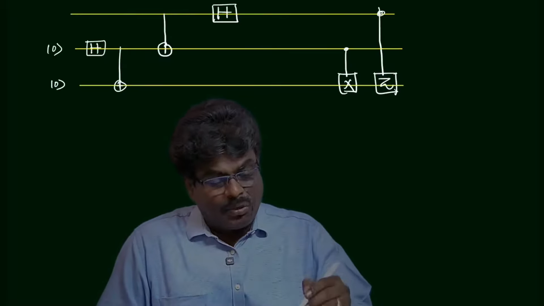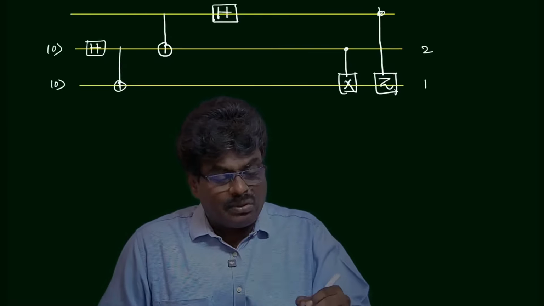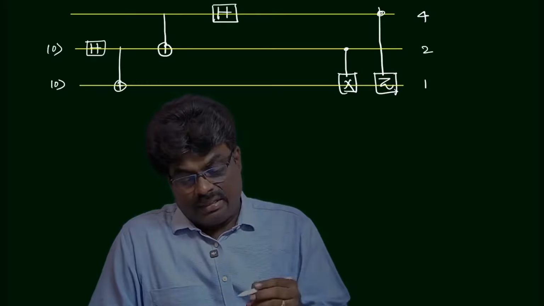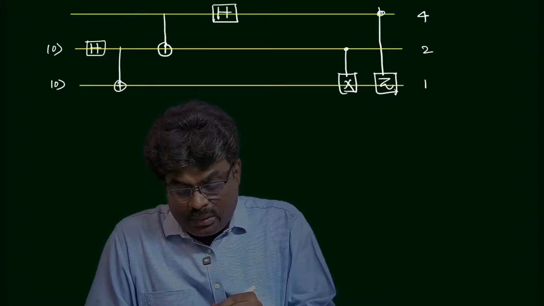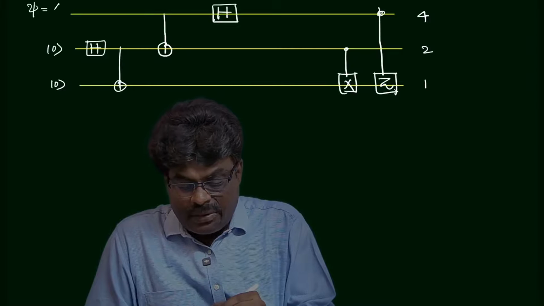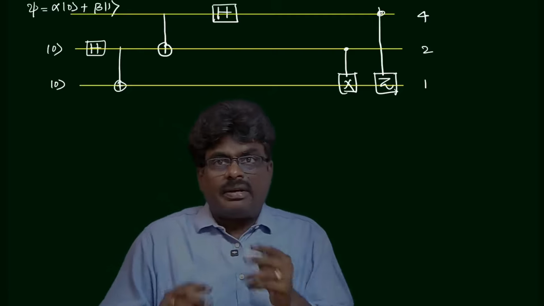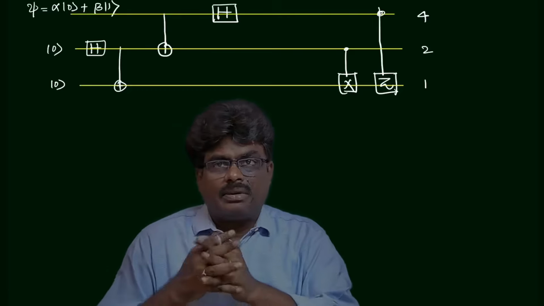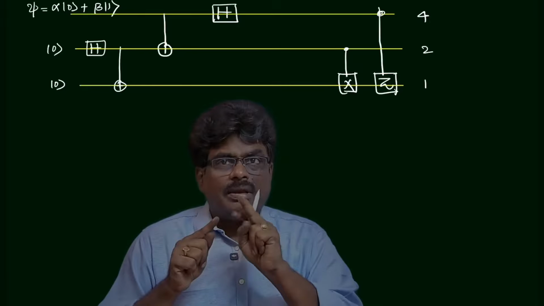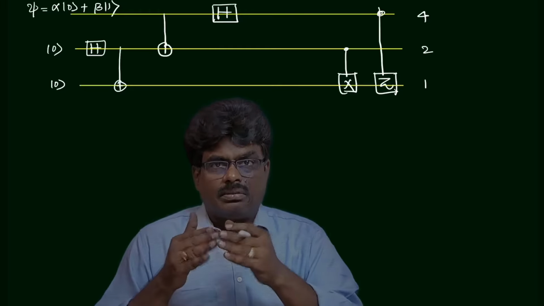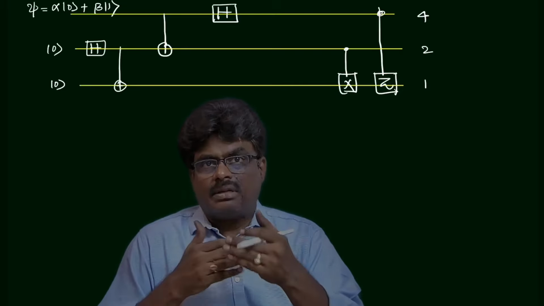Here we have 3 qubit states, that's why I'm taking 1 2 and 4. Now listen carefully. Here we would like to send the information psi equal to alpha 0 plus beta 1. Forget about the binary notation. What is the meaning of 0 and 1? Generally I take 0 as an off state and 1 as an on state.